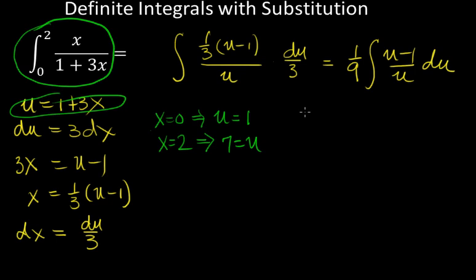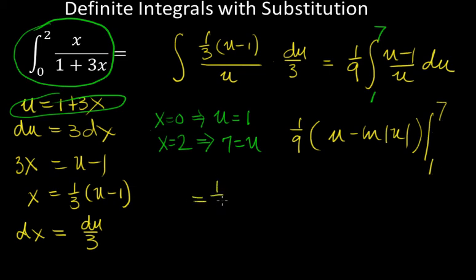So these limits of integration are from 1 to 7. And I don't have to go back in terms of x. I can just integrate, which we've already done. This was u minus the natural log of the absolute value of u. And it's 1/9 times that. And we're going to evaluate it between 7 and 1.